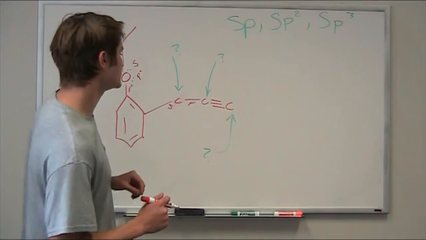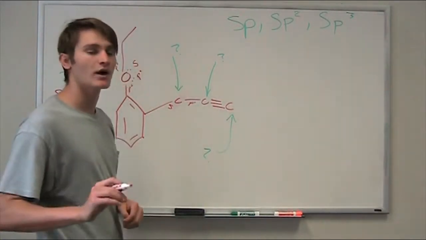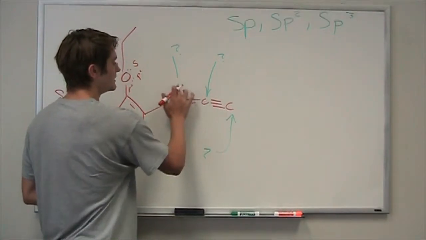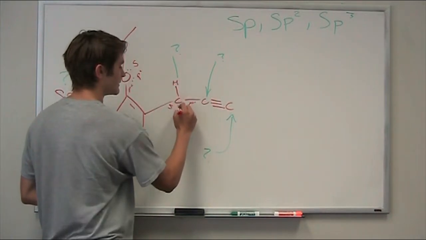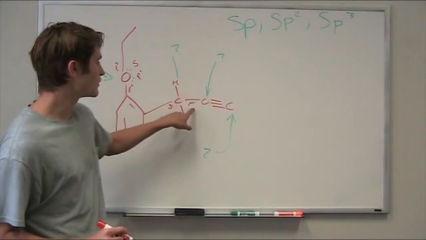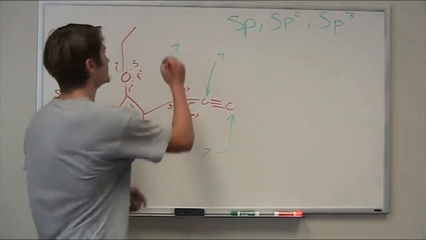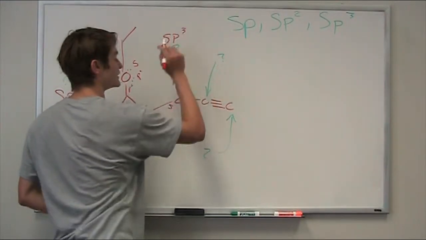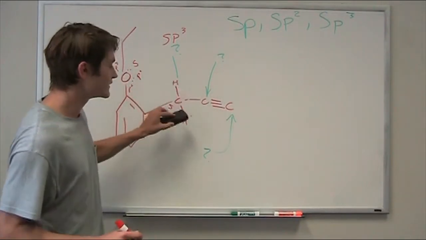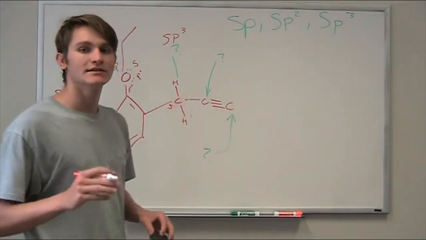Remember that in skeletal structures the hydrogens are not needed to be shown, but there are 2 hydrogens right here. So it's S, P1, P2, and a hidden P3, so this is an sp3. You have to watch out for this because they don't always put the hydrogens, yet you always have to know there are 4 bonds on a carbon. It's single bonds, so it'll be an sp3.